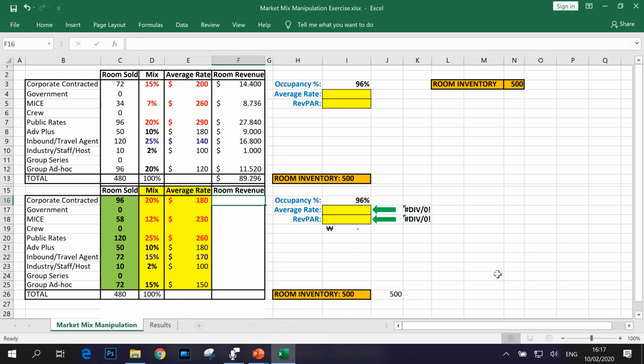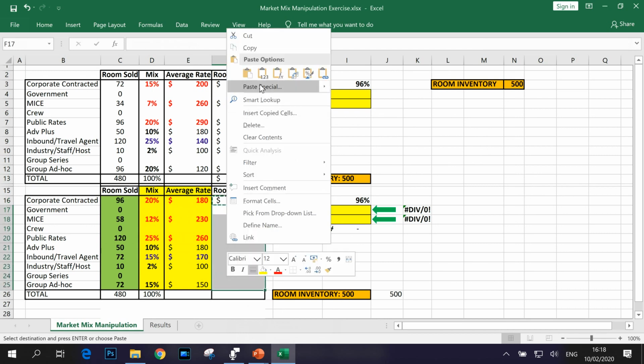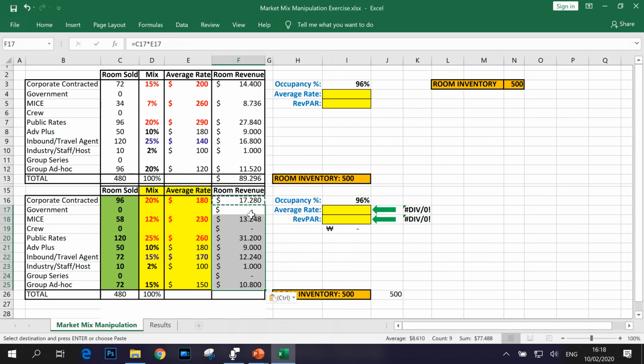Let's calculate the room revenue per each market segment. Room revenue contributed from a corporate contract will be equal to 96 room nights times average rate 180. If we copy and paste into all the cells, now you can see the room revenue contribution from each market segmentation.